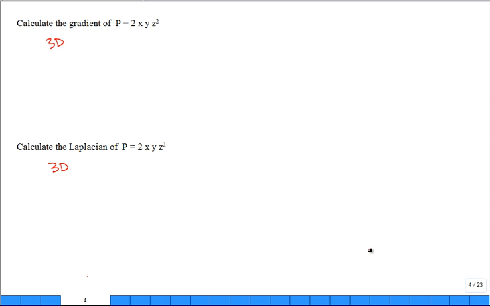All right, so a lot of you were able to do it on the gradient. The gradient of the pressure is equal to the partial of the pressure with respect to x i plus the partial of the pressure with respect to y j plus the partial of the pressure with respect to z k.